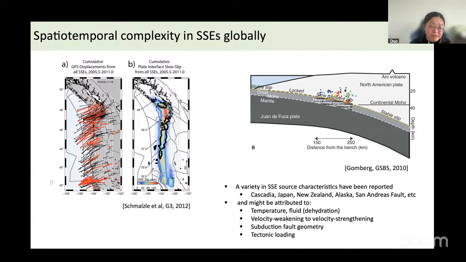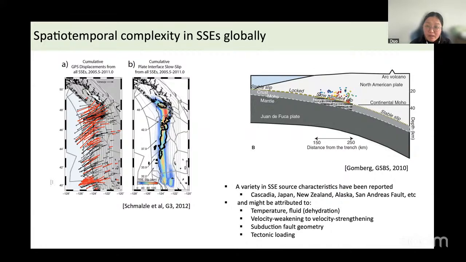The displacement is reversed relative to the plate convergence direction, so it's toward the sea side. If we invert the slip on the fault, we can see the distribution of the slow slip is more concentrated between 10 kilometers and 30 kilometers depth, as the color shows in the red column of the figure. And it has quite a big variation along the strike.